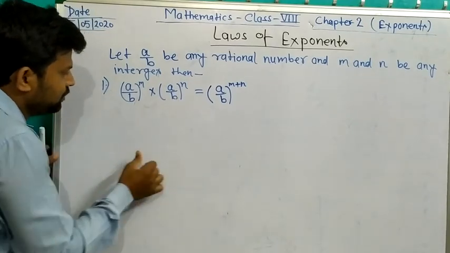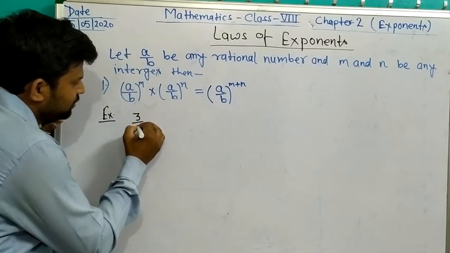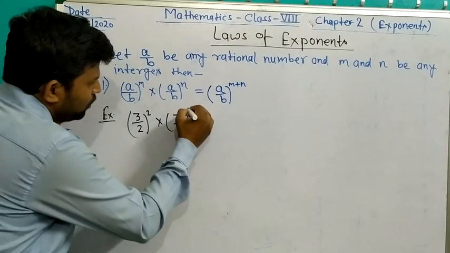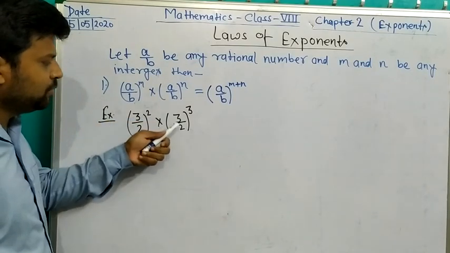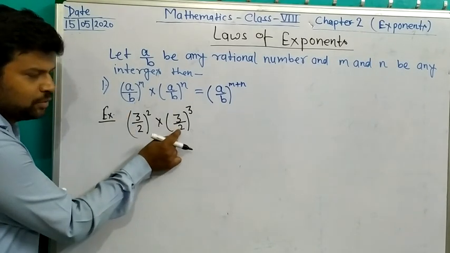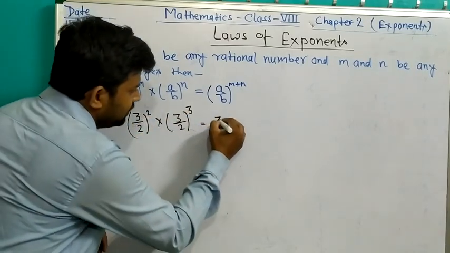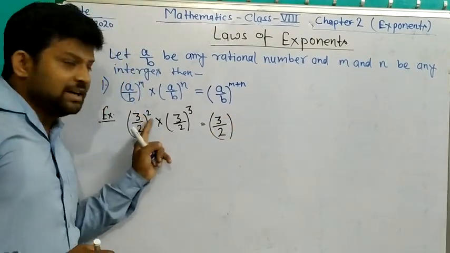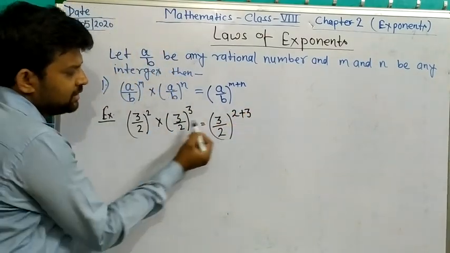Okay. Now we see an example. (3/2)^2 multiplied by (3/2)^3. Bases are the same. The base is 3 upon 2, but the powers are different. Then we write the base to the power, and powers are added. It means 2 plus 3. 2 is the power of 3 upon 2 and 3 is the power of 3 upon 2.